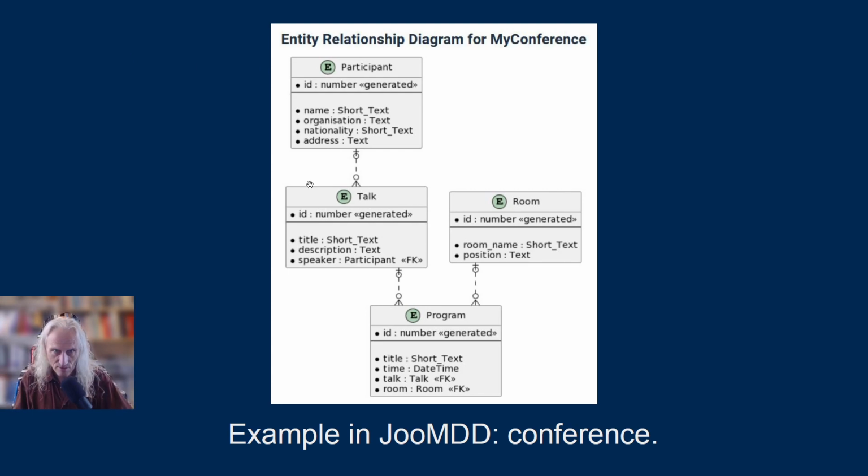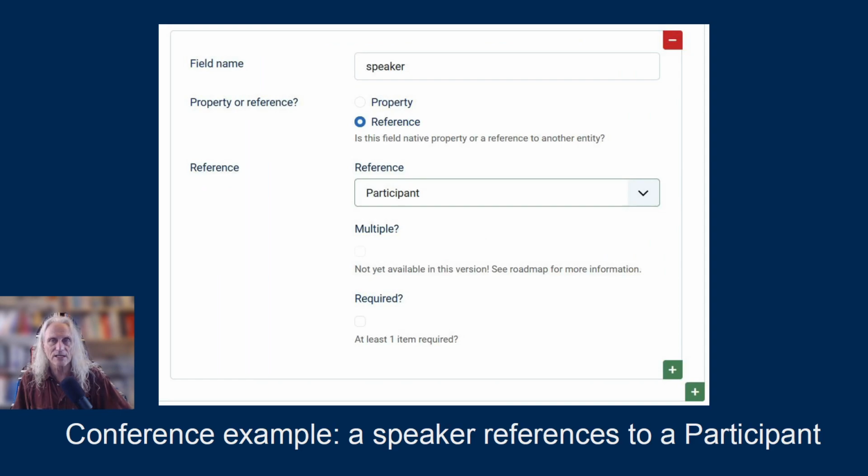In the forms, that looks like this: when you have a talk entity, and you have a subform for a field named speaker, and that speaker is not a property but a reference to another entity, a participant. You can choose that here. So you see, this is rather clear. It's easy to input.